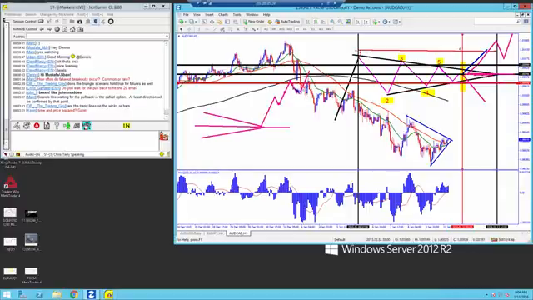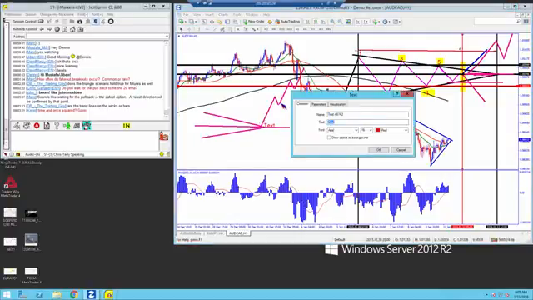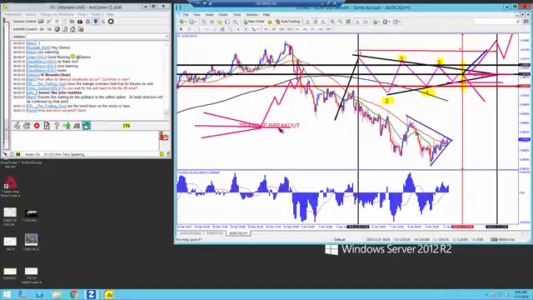What this ends up becoming, let's just draw this out here so we're all on the same page. This is a triangle breakout.